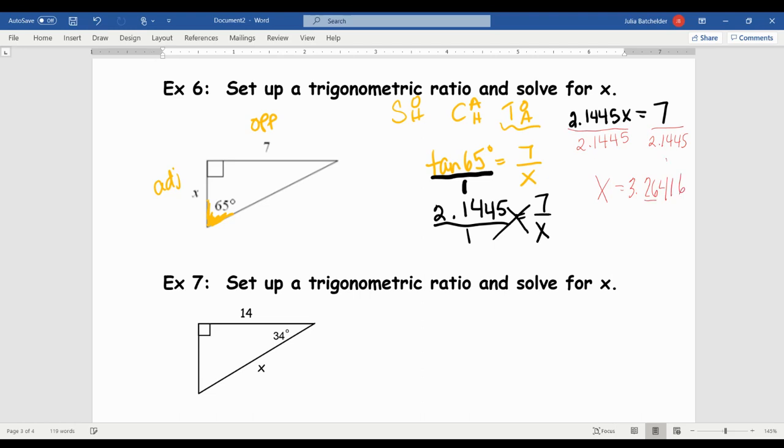Let's go two decimal places. We look one to the right. 4 is not high enough to round up, so we're going to get x is equal to 3.26. And that one's finished.